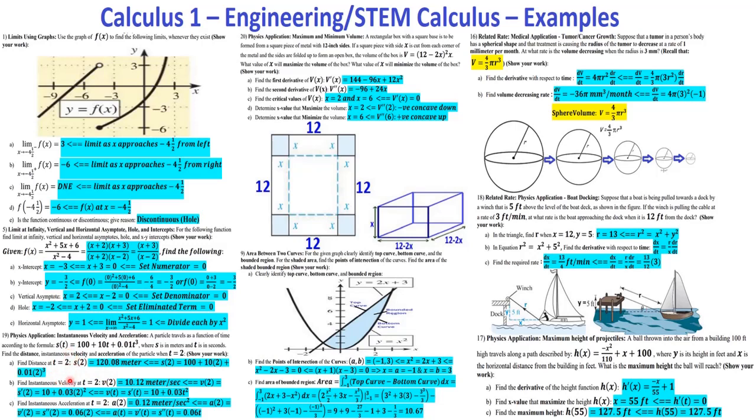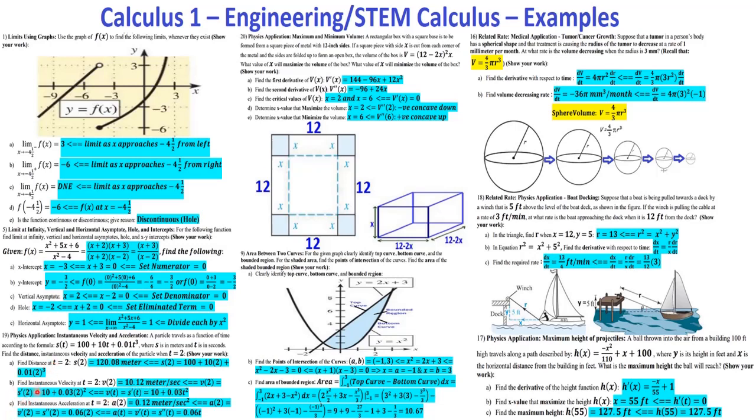Then to find the velocity at time t equals 2, the derivative of the distance is velocity. So you take the derivative of this, which is 10 plus 0.03t squared. Then you substitute 2 into that equation, and you will end up with 10.12 meters per second.